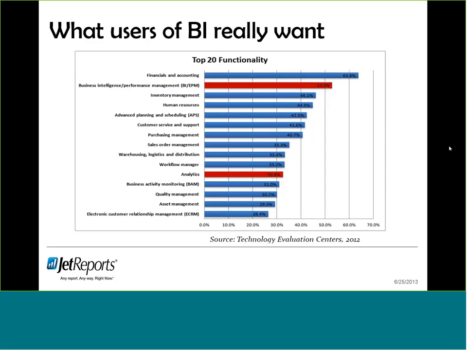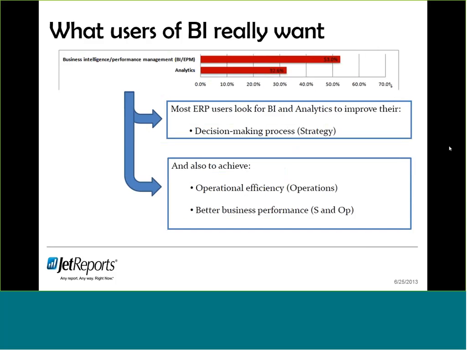What jumped out at me is that inside of the top 20 features of BI are performance management and analytics. I expected to see those two things in the top 20, but it's the order of them that surprised me, because you see that BPM is way above analytics. That is kind of weird, I think, because BI is really synonymous with analytics. I expected to see it first. It's not the case, though.